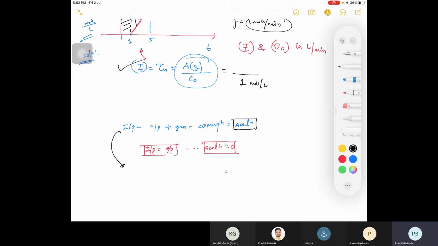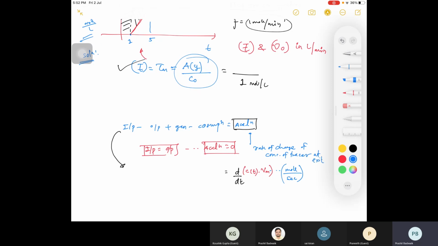When we put the actual values here, the accumulation term is d by dt of a quantity whose unit is moles per second. You can write this as moles per meter cube into meter cube per second, so it is the concentration at the exit of the reactor into the volume of the reactor. Suppose here we have an MFR. Can you write this accumulation as the rate of change of concentration of tracer at the exit?